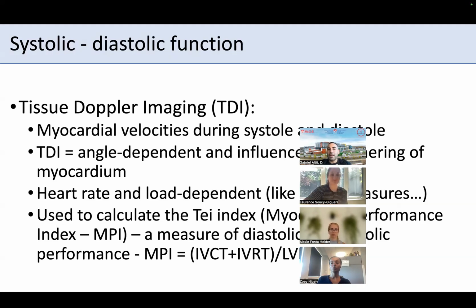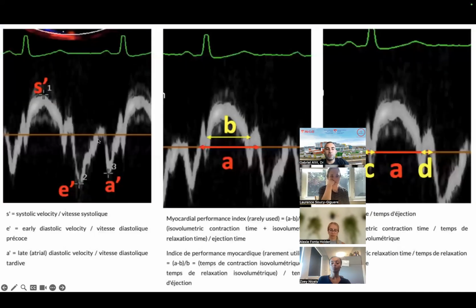It is dependent on the angle because it's a Doppler, right? So if your angle is more than 30 degrees, you're not going to capture the true velocity with your probe. Of course, the velocity will change depending on the heart rate, and on how much preload and afterload you have. So all these things can impact these values.